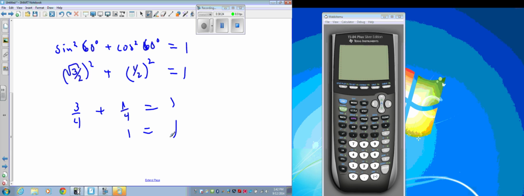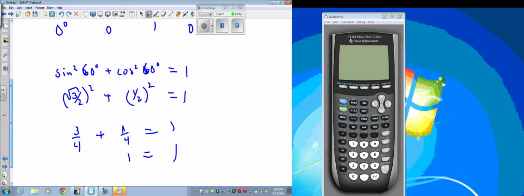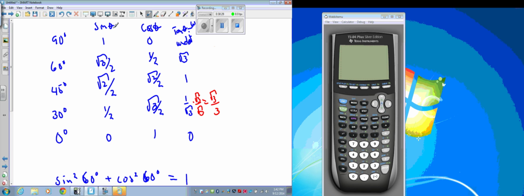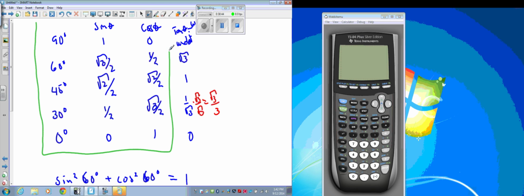And we're going to be using these special angles. And what I'm suggesting is that you memorize that part, this much of it. You know it by heart.